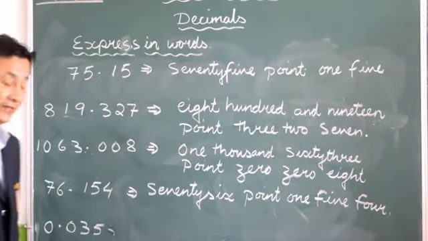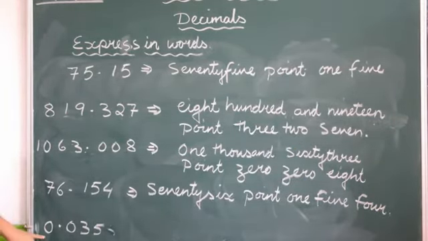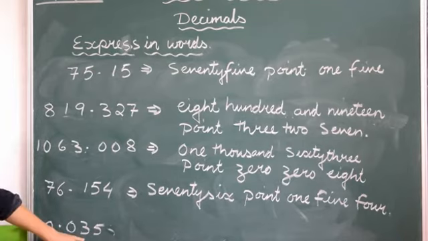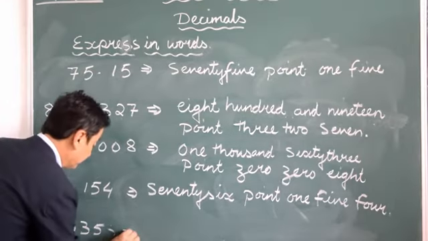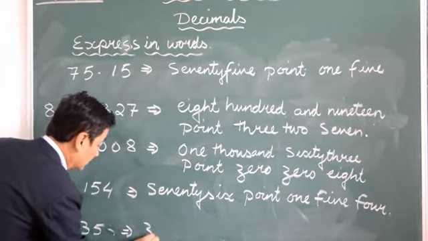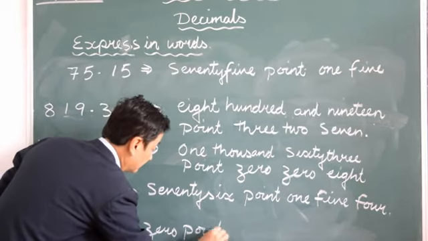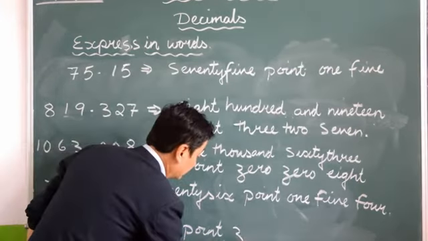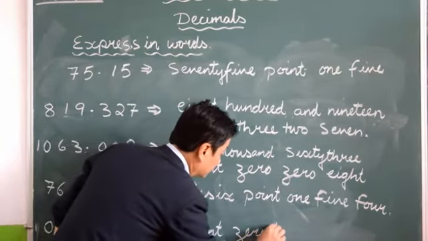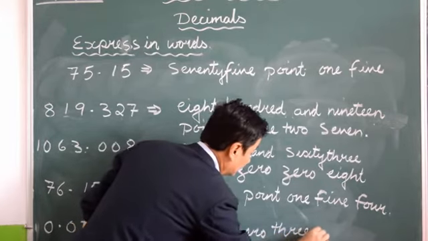It's very easy. Now what do you see? 0.035. Okay? 0.035.